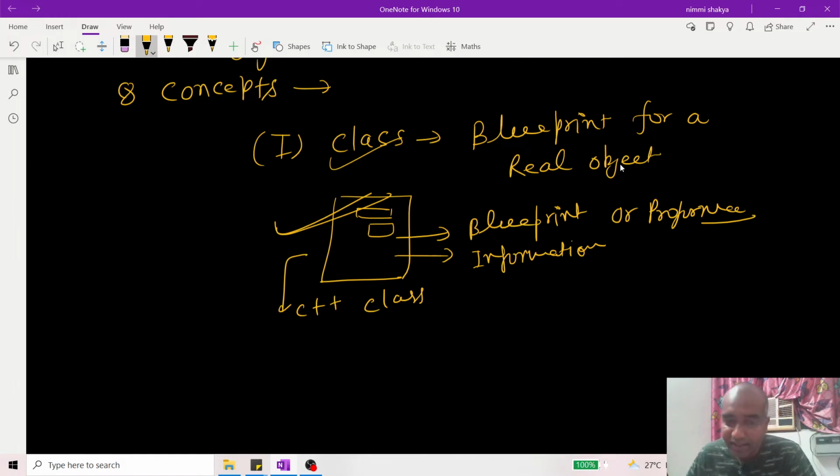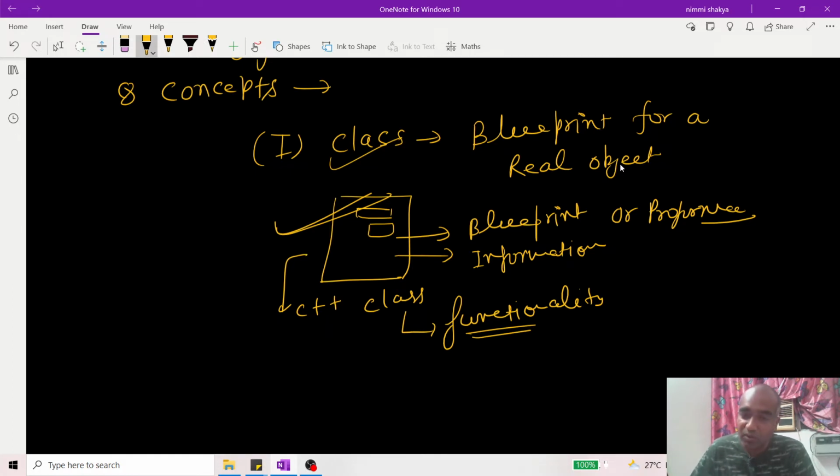Along with that, in case of class, we also add the functionality, the functions as well. Whatever operations will be performed on the class object are also included in your class. So when we write a class in a programming language, it contains the attributes, which are known as data members, and the methods, or you can say the functions.